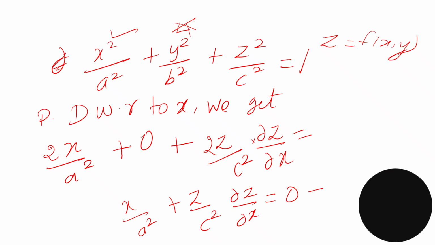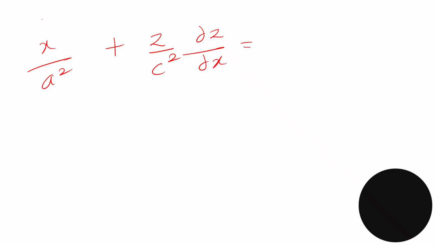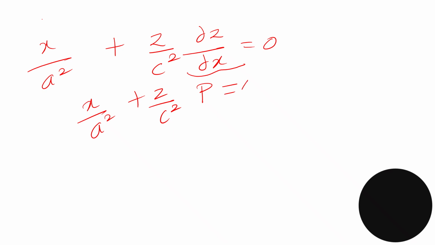Mark this as equation 1. In this equation we write the terms as x/a² + z/c², and ∂z/∂x is nothing but p, equal to 0. I mark this as equation 2.